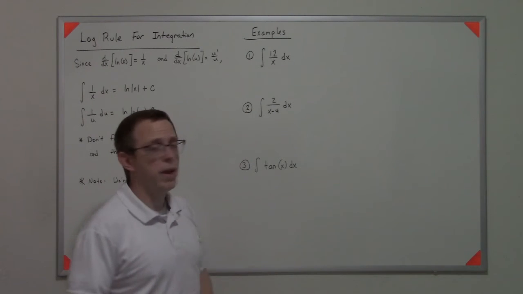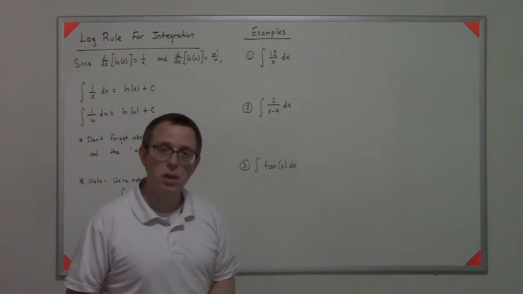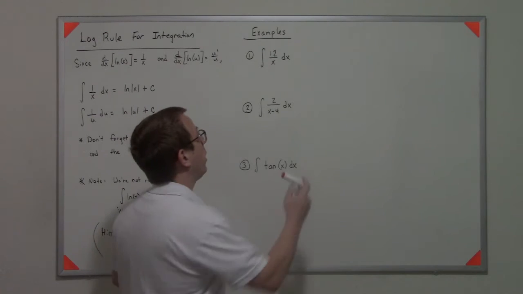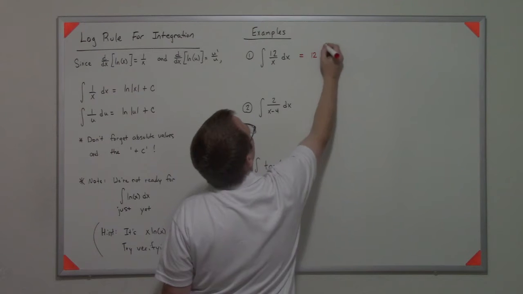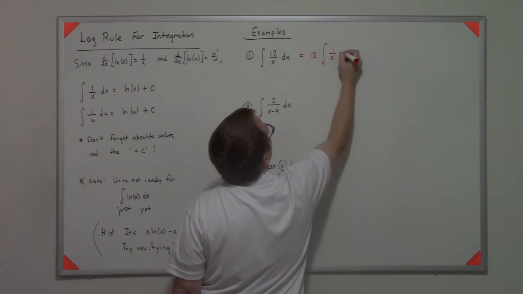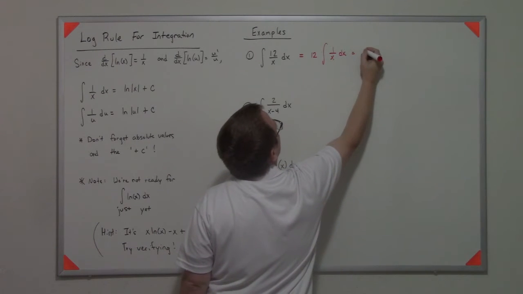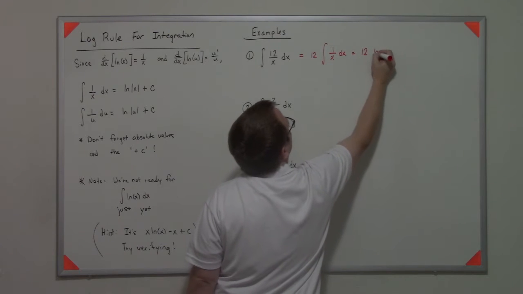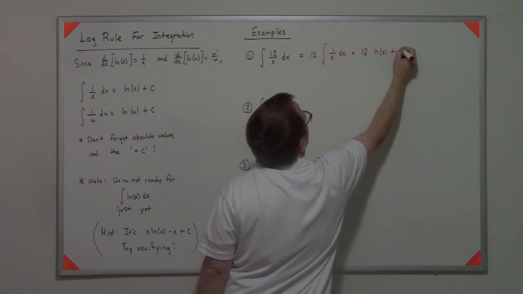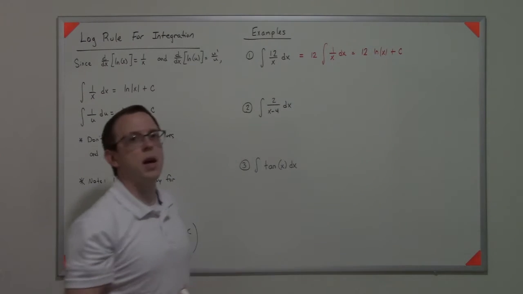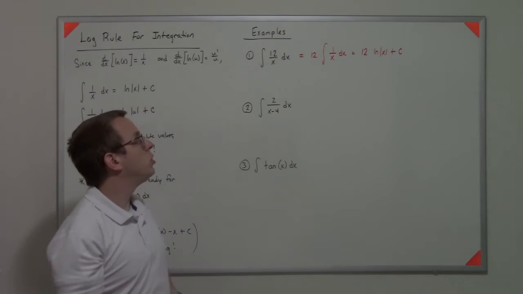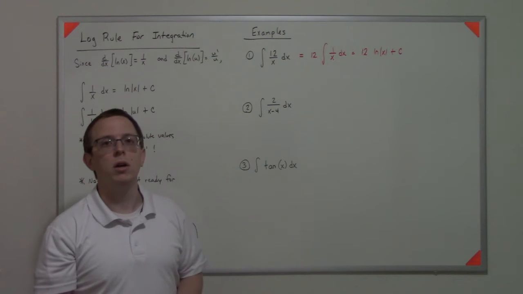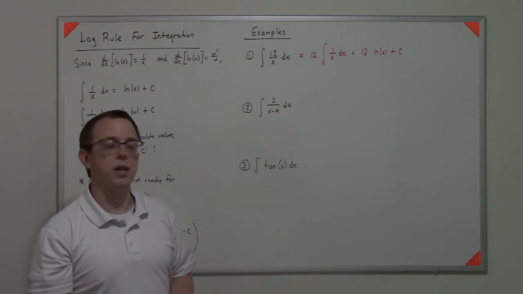The first one is we have 12 over x dx. So what we want to do is we just say, okay, that's 12 times the antiderivative of 1 over x dx, which is 12 times the natural log of absolute value of x plus c.